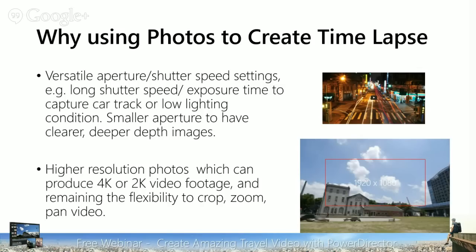So you can generate a higher resolution time-lapse slideshow, like 2K or 4K, in PowerDirector. Even if your final production is 1080p, the higher resolution allows you to crop, zoom or pan the video in your project. So it's more flexible for you to use.